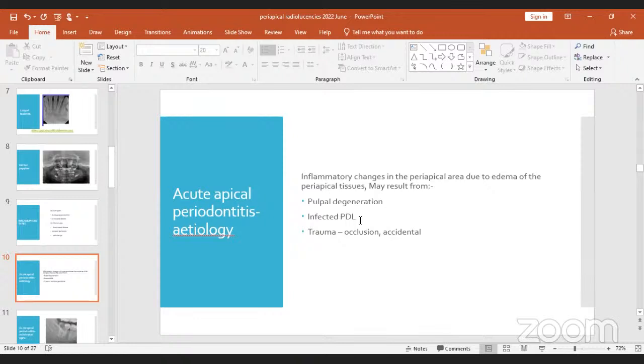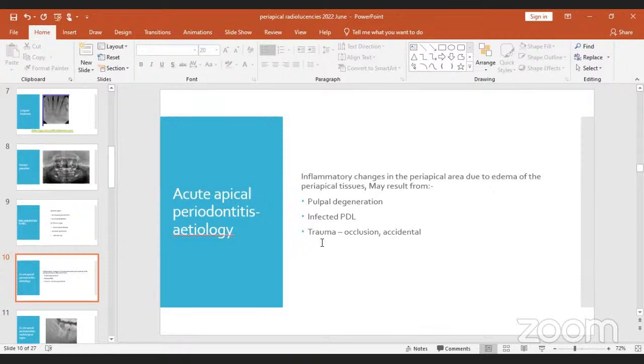It can also result from periodontitis, that is the infection of the periodontal ligament space and the periodontium. You'll find patients who have deep pockets, and these pockets serve as the entry for infection that moves all the way to the periapical area, and you get an infection.